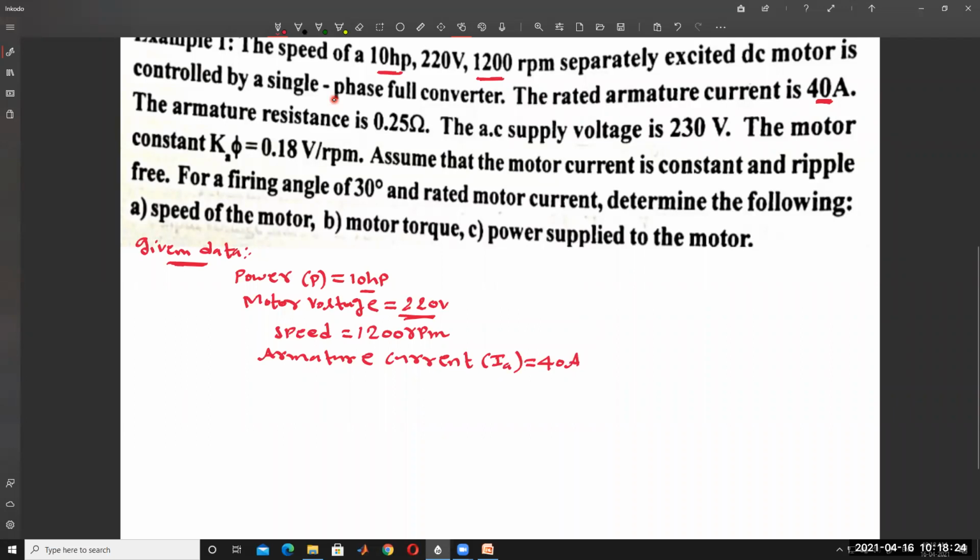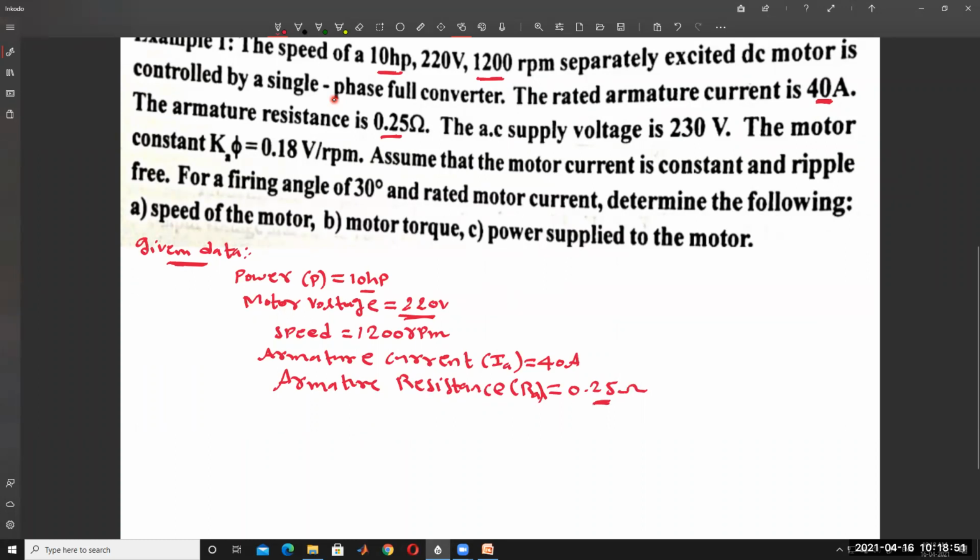Then the armature resistance Ra is equal to 0.25 ohms.